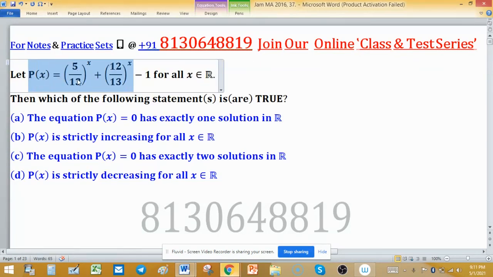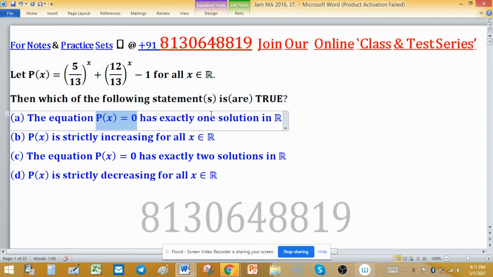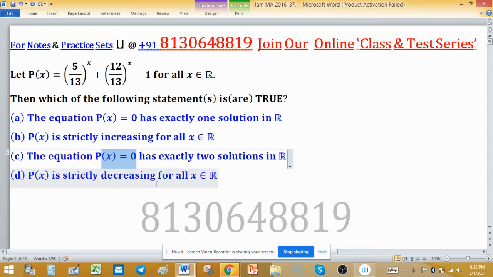Let P(x) = (5/13)^x + (12/13)^x - 1, and this function P(x) is defined for all x belonging to the real numbers. Then: the equation P(x) = 0 has exactly one solution, meaning one root in R; P(x) is strictly increasing for all x belonging to R; the equation P(x) = 0 has exactly two solutions, or two real roots, in R; P(x) is strictly decreasing.